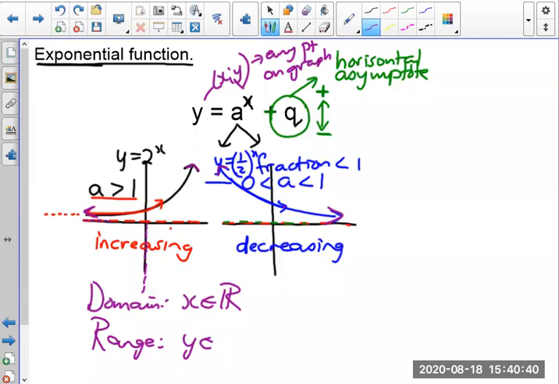Because remember what an asymptote means. The graph wants to go to this line y equals 0, because that asymptote is y equals 0. So the smallest value is 0, but 0 is excluded because 0 is actually where the asymptote is. So I cannot include the asymptote.